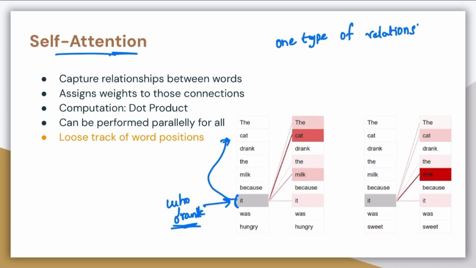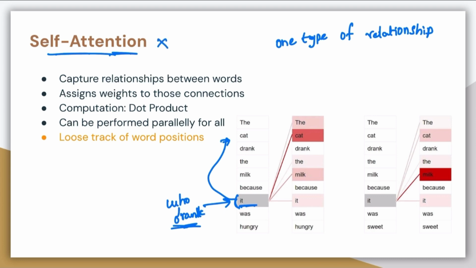But from a sentence, you should be able to capture multiple types of relationships, such as word meaning can be one, grammatical structure can be one, maybe some other long range dependencies can be one. This kind of dependencies on the previous words can be one. So using a single self-attention is not sufficient.